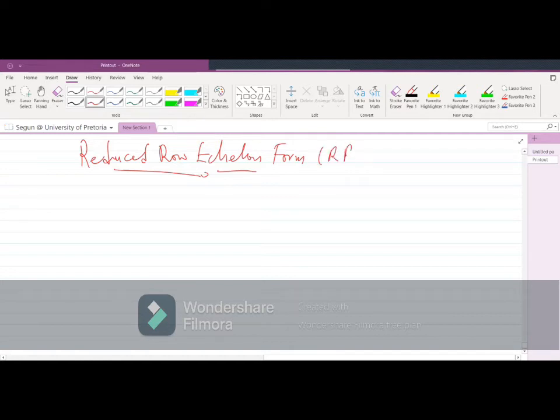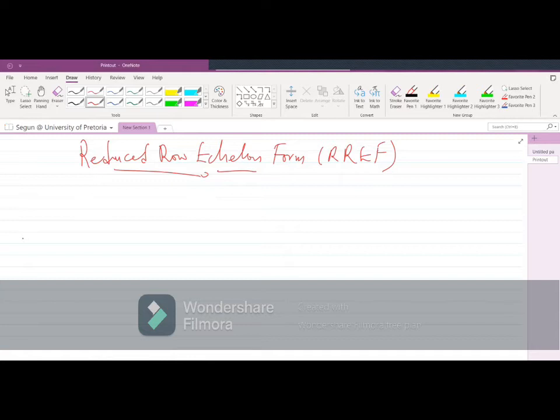Call it RREF. So one of the things we need to take note of is the same idea that we had from row echelon form.